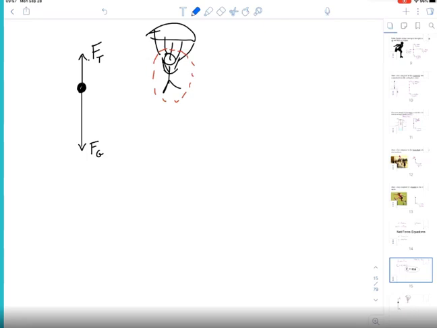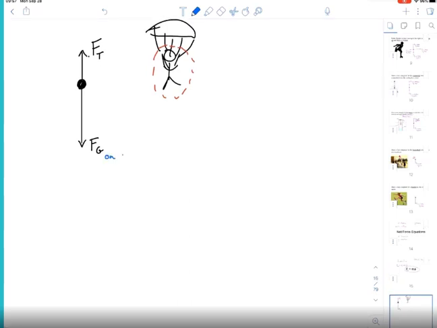All right, so this part here is the required part, the FT and the FG. And as you get better at this, I will not require you to write out all of the stuff, but this would be on the skydiver by the Earth, and on the skydiver by, we'll call it, the ropes.